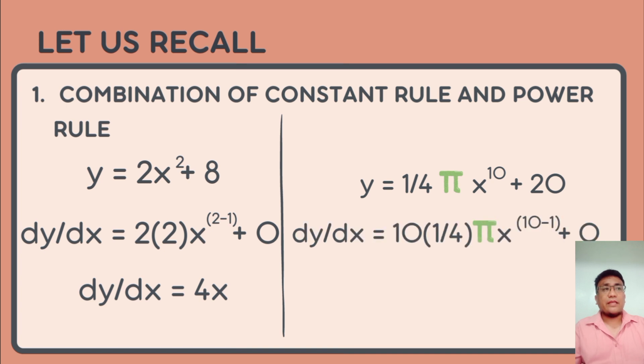So dy over dx is equal to, we will bring down 10, 10 multiplied by 1/4 pi x raised to 10 minus 1. And then the derivative of 20 is 0, because that is a constant. So dy over dx is equal to 5/2 of pi times x raised to the 9th power. Any question? Any clarification? You can raise your hand so that I may recognize you.